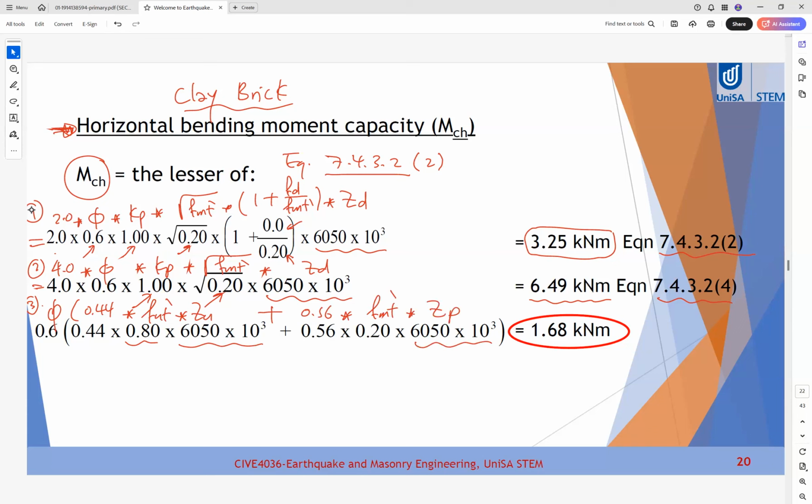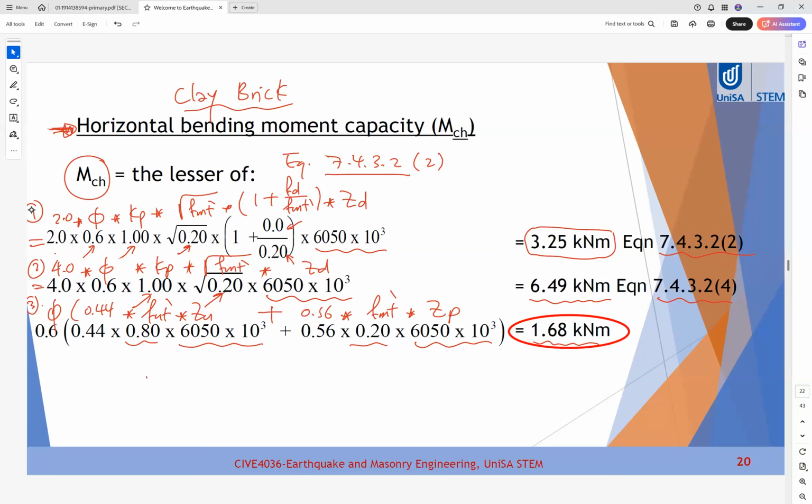So ZB equal to ZU. This is FMT dash, so the value is 1.68 kilonewton meter.